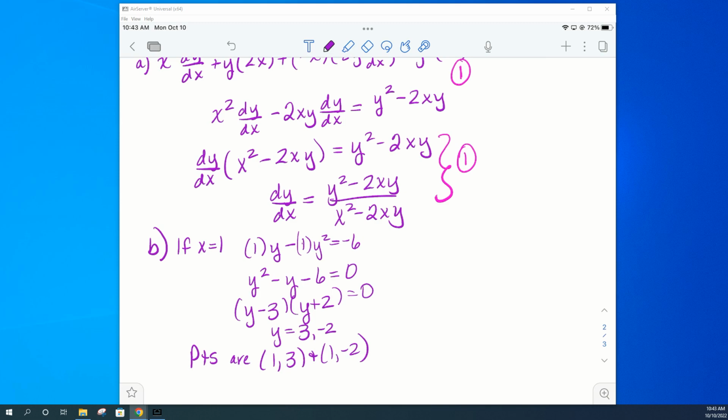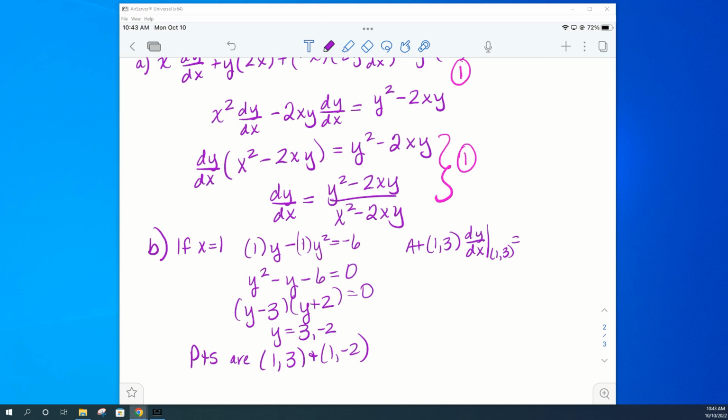Now they then said, write the equation for the normal line at each of these points. I have to be very, very clear about what I'm doing. So I'm going to say at (1, 3), dy/dx is what? Notice my notation there.